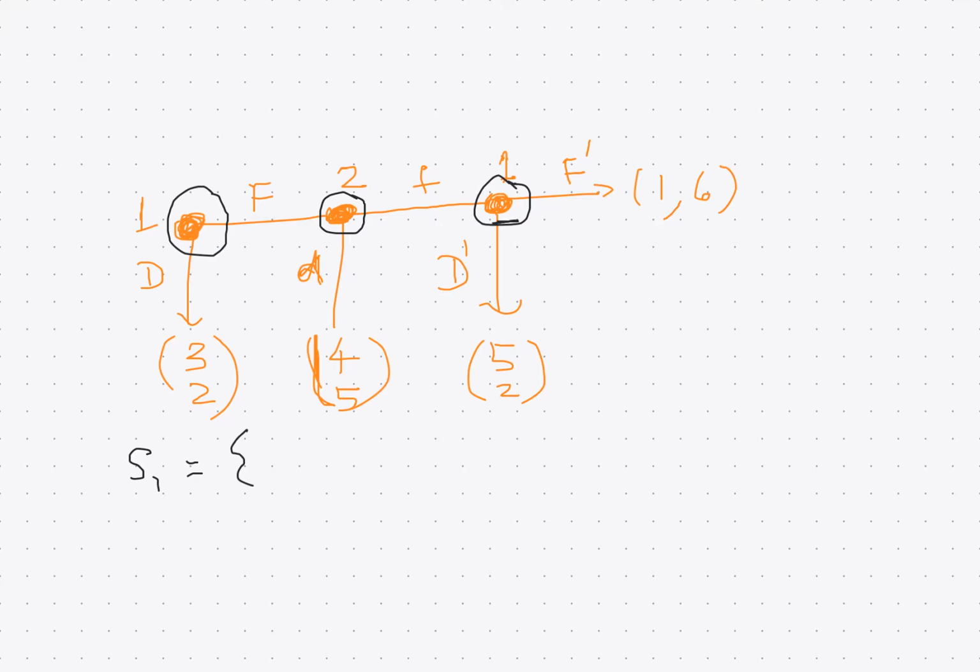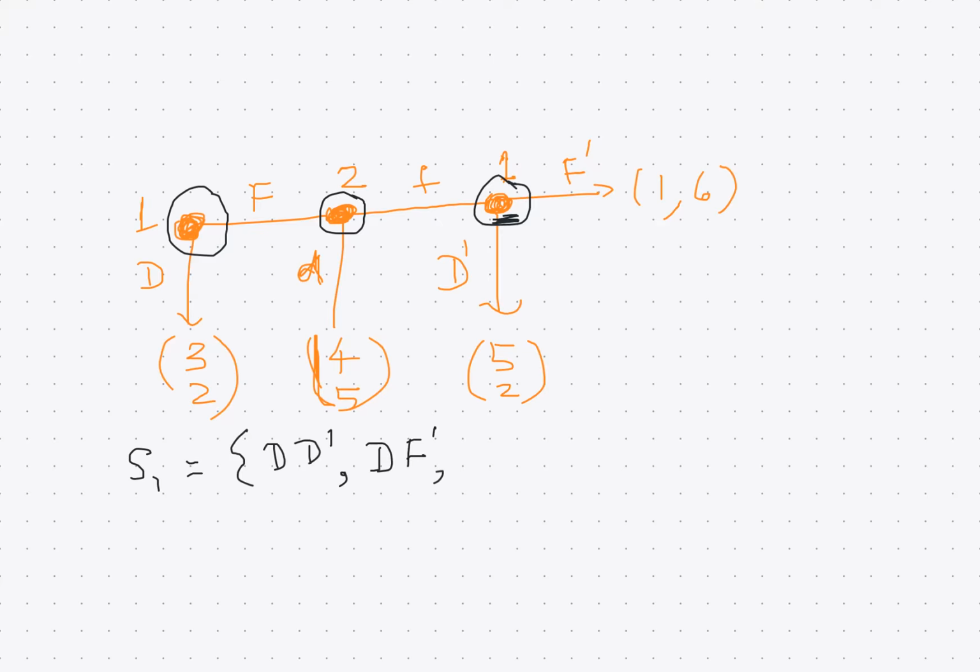So let's say player one says he's going to choose down at the initial node, and then he says he's going to move down at the last node as well. So that's one strategy for player one. Or he can move down at the initial node, but here at the last node, he says he's going to move forward. So that's another strategy.